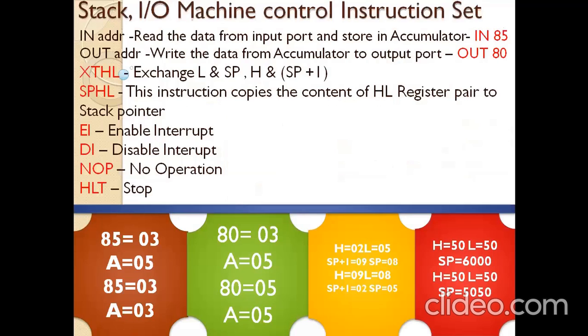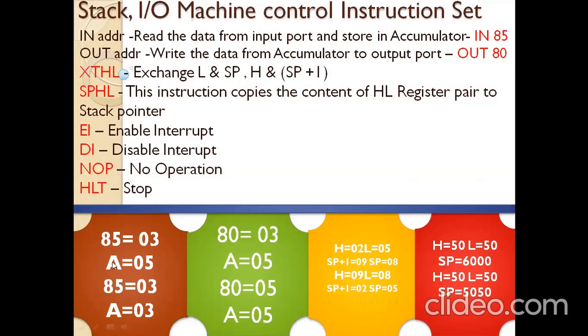It will read the data from the input device and store it in the accumulator. OUT 80 means 80 is the address of the output device. From the accumulator, the data will be stored in the output device.